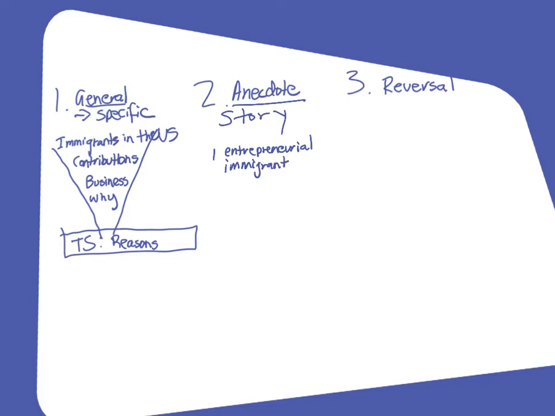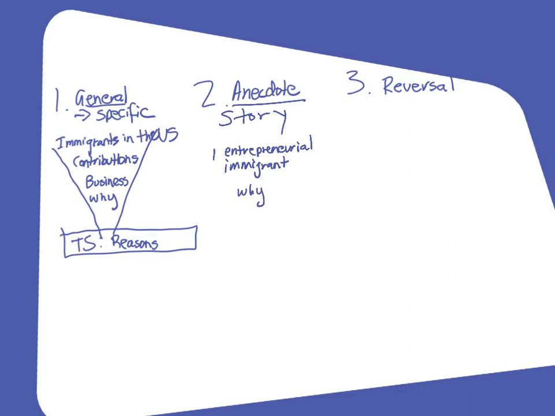So this was an entrepreneurial immigrant who saw an opportunity for a new business. Remember, he started a business fixing things that people usually throw away. So it was also an environmentally friendly business idea. So that essay introduction uses the story as a jumping off point, and the next step after the story was to ask why.